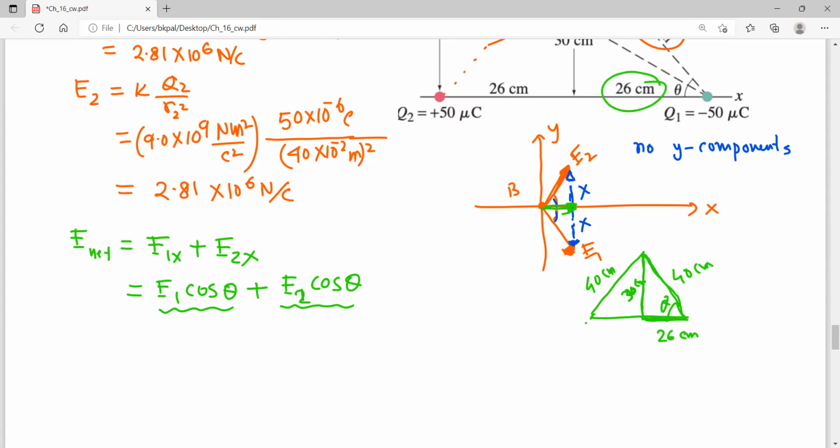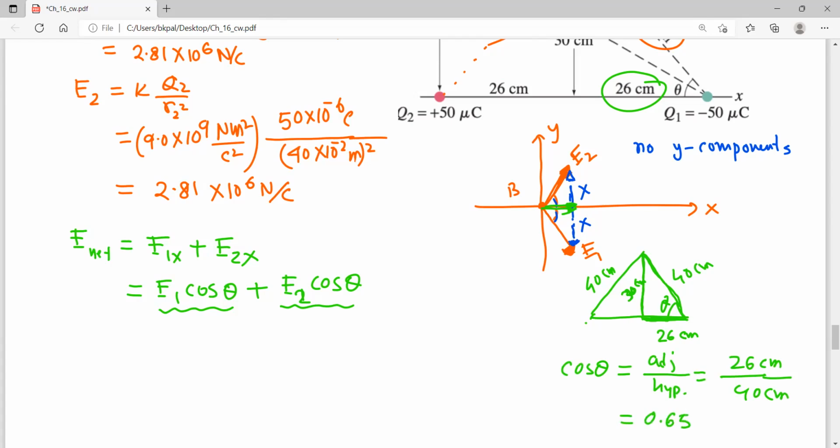So cosine theta from trigonometry, you know that it is adjacent over hypotenuse, right? So it will be 26 centimeter over 40 centimeter, and that is equal to 0.65.